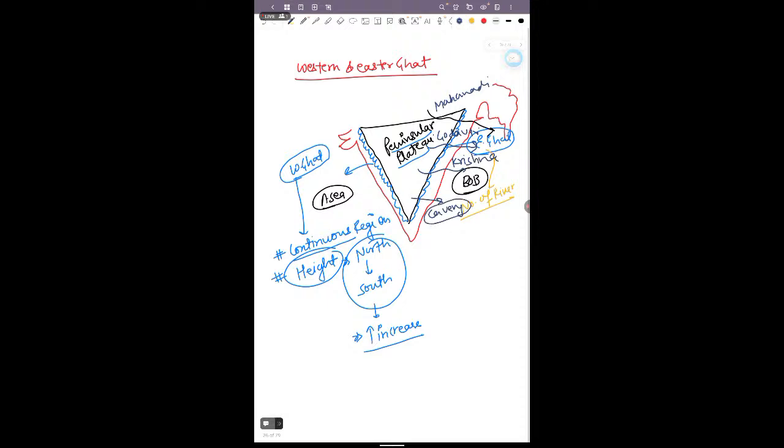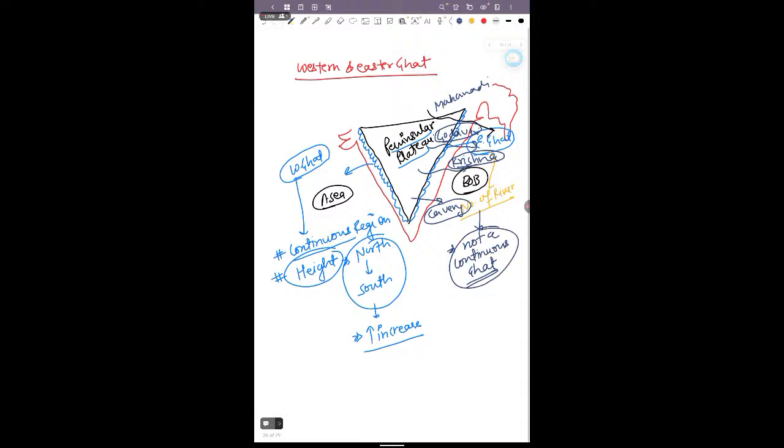So a number of rivers flow through this region, and because of the number of rivers that flow, they cut and dissected these plains at a number of places. That's why this is not a continuous ghat.